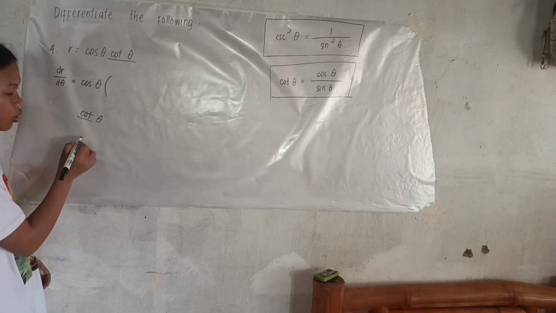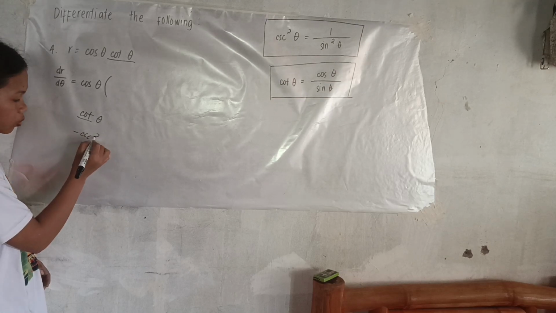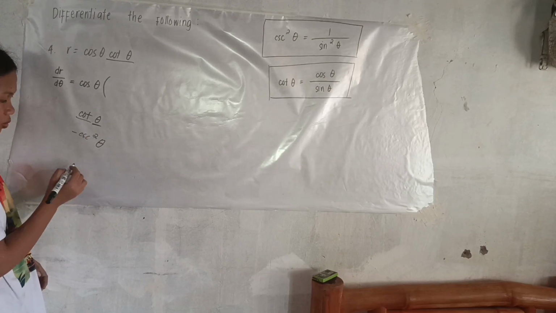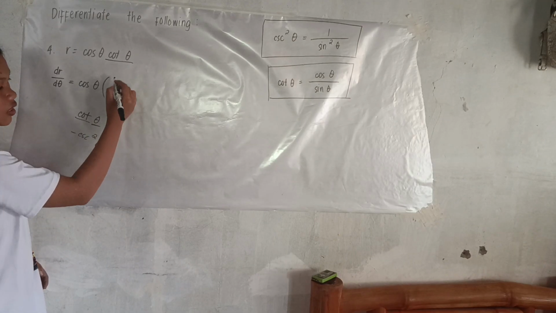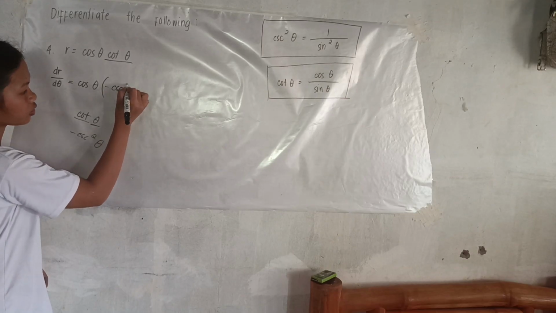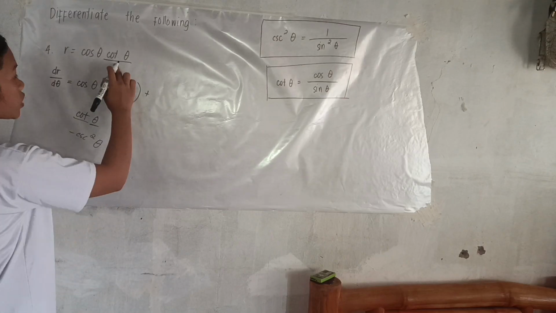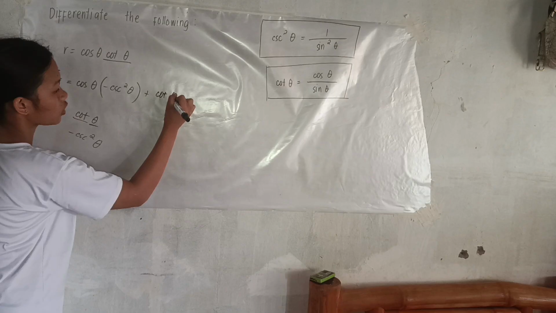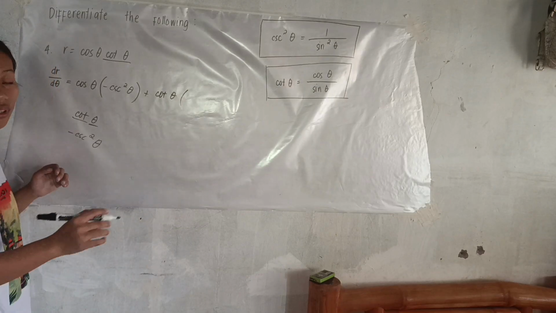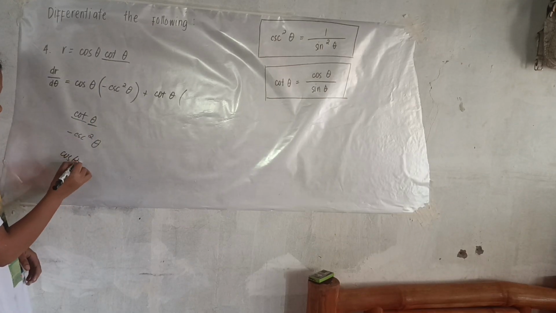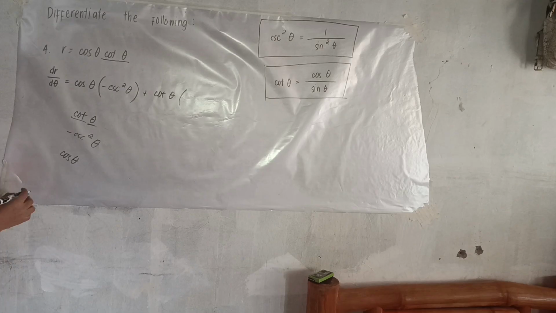So the derivative of cot is negative cosecant squared theta. That is the derivative of the second term. So copy cosecant squared theta plus copy the second term, which is cotangent theta, times the derivative of the first term, which is the derivative of cosine theta. The derivative of cos is negative sine.